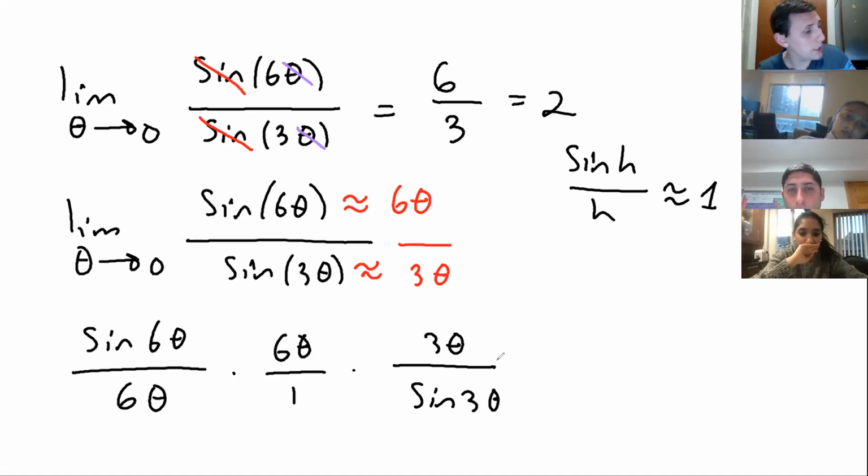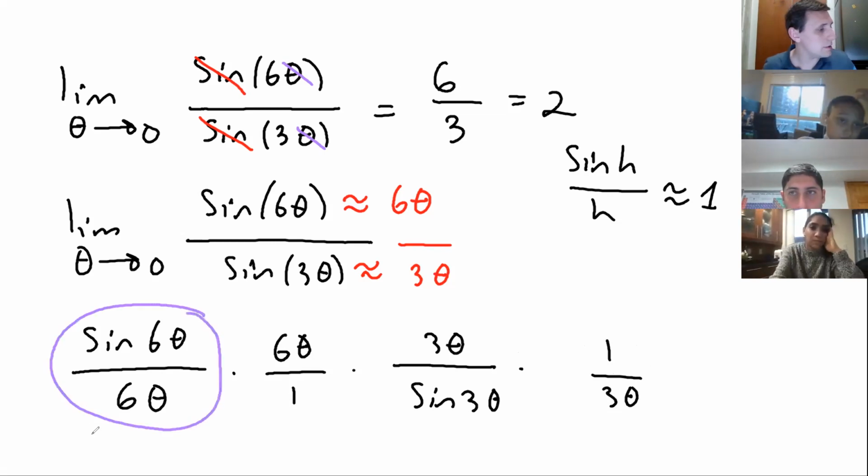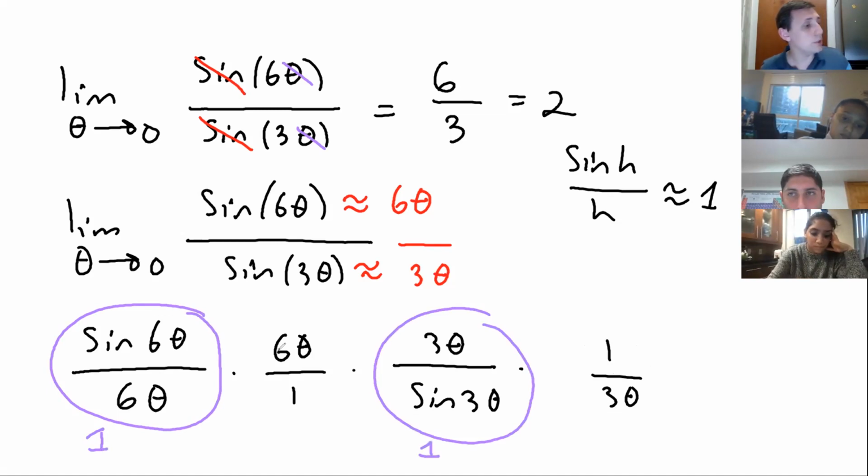But if I divide by 3 theta, I have to multiply by 3 theta. And so this part is approaching 1, this part is approaching 1, and you're left with 6 theta over 3 theta. Same thing.